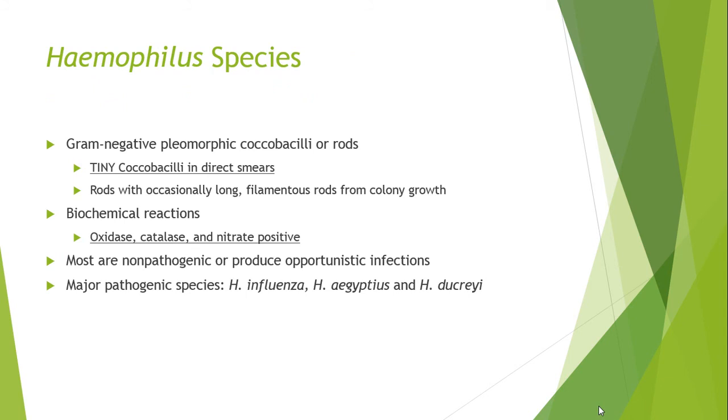They're gram-negative, pleomorphic, which means you might see them as coccobacilli, or you might see them as rods. You might do a gram stain on that colony and see two different morphologies, rods and coccobacilli. So that's where we get pleomorphic. They're tiny coccobacilli in direct smears.